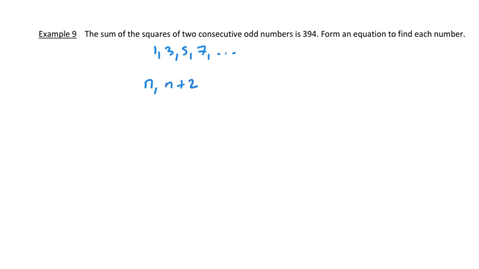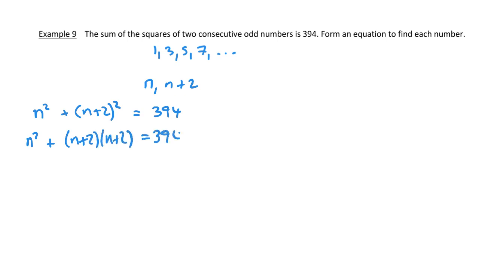So the sum of the squares, so we're going to have n squared plus (n plus 2) squared is 394. So a bracket squared is repeated, (n plus 2) times (n plus 2) equals 394.